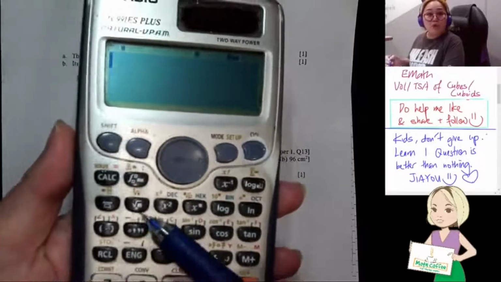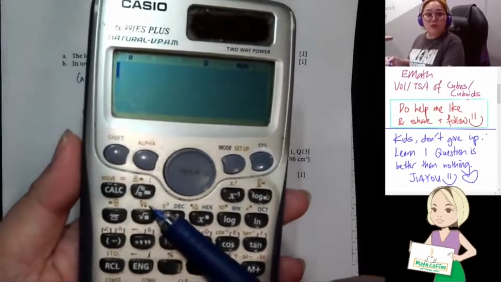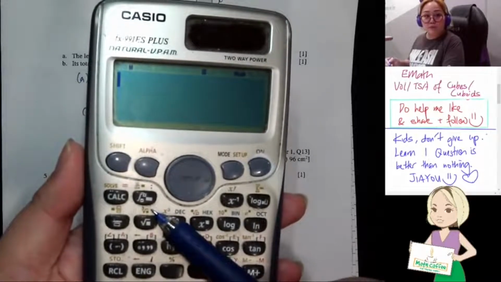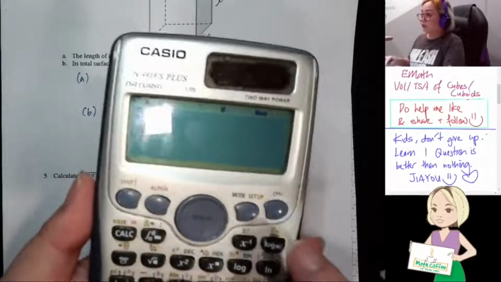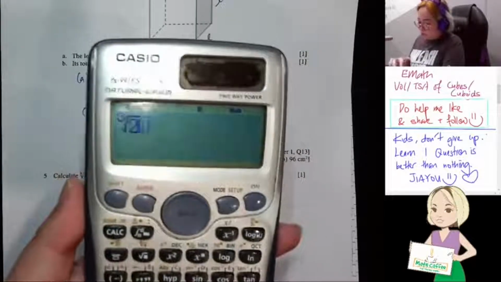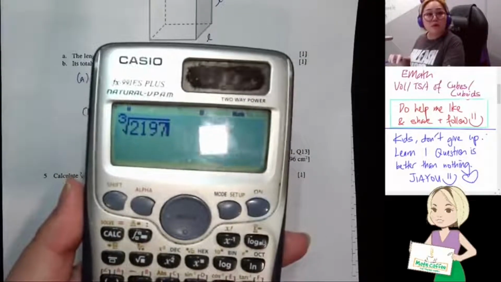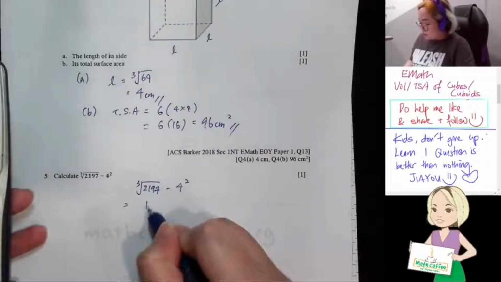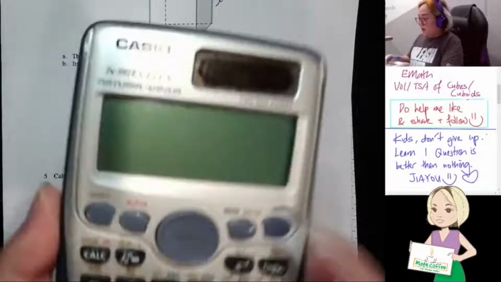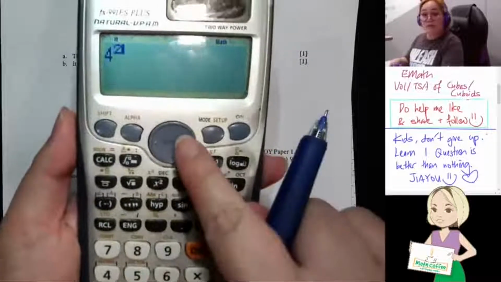Everyone knows there's a square root button here. The one which is the yellow color is cube root. So just shift cube root, the 3 will come out, and then you key in 2197 and press equal, you get 13. So this is 13. And 4 square.